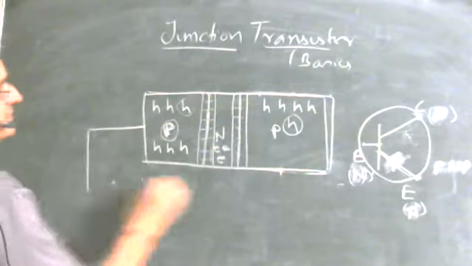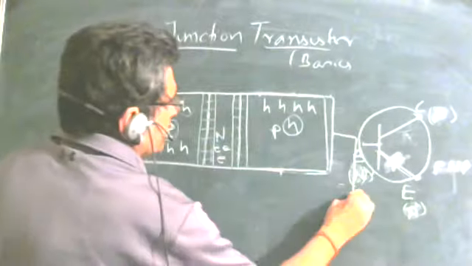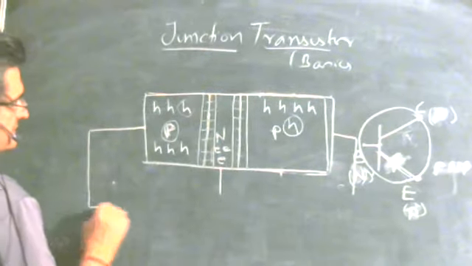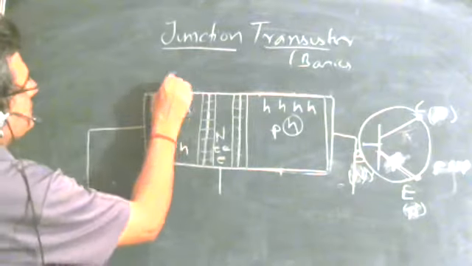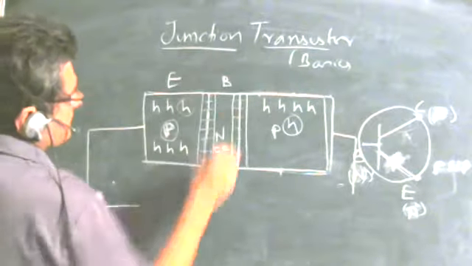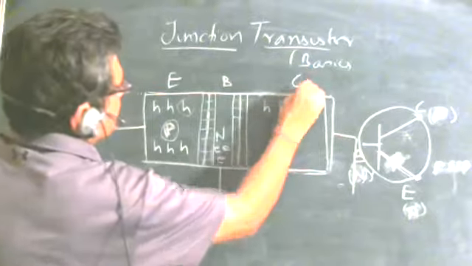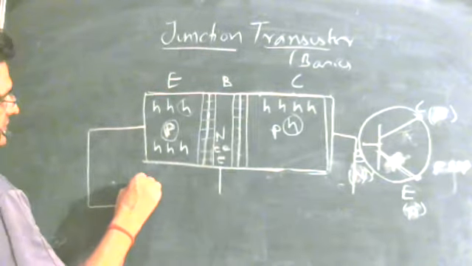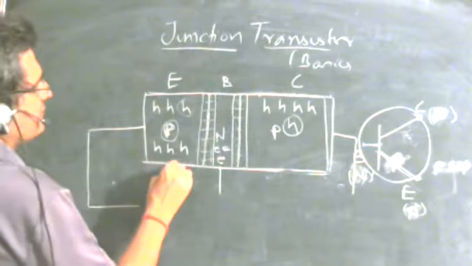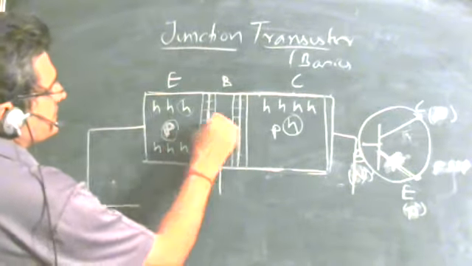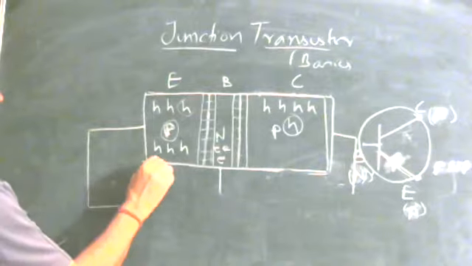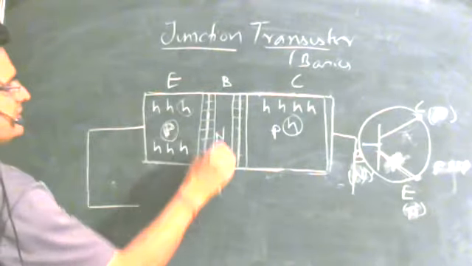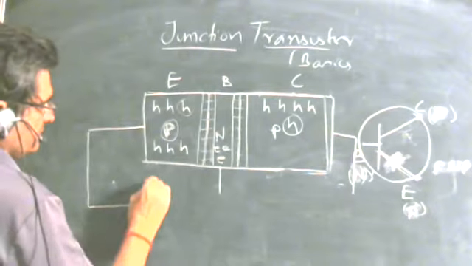When we operate this transistor, we apply forward bias between emitter and base. It is a common base configuration. Base is common, you can see in the circuit. We apply forward bias to the emitter base junction. Forward bias always means P positive, N negative, to remember it.